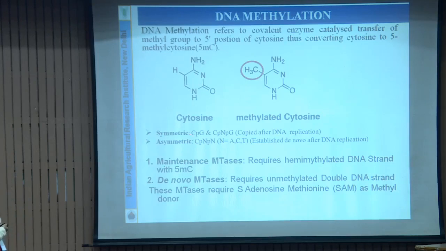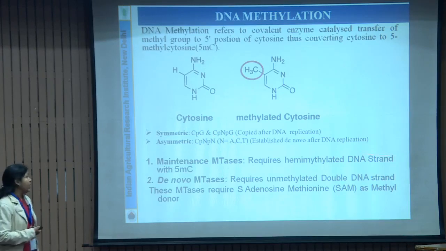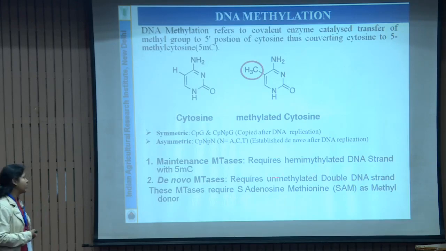This can happen anywhere where CG is present in the genome, or where CNG is present in the genome, where N could be any nucleotide except G, or where CNN is present in the genome, and this happens with the help of certain enzymes which are known as methyltransferases.